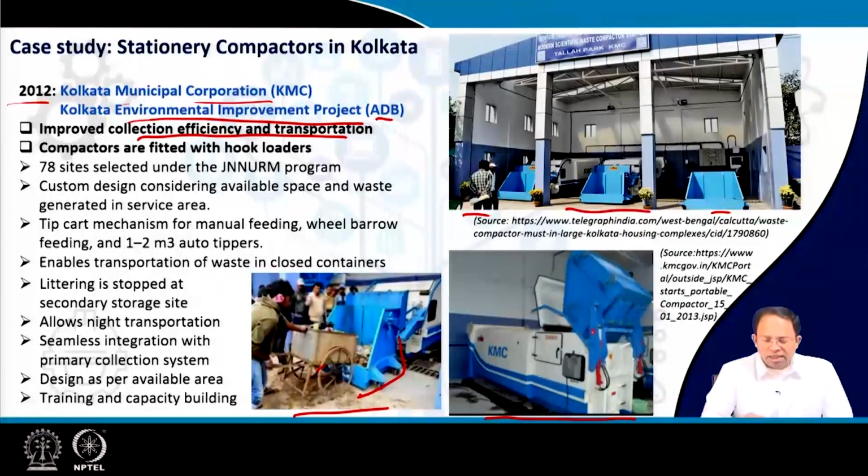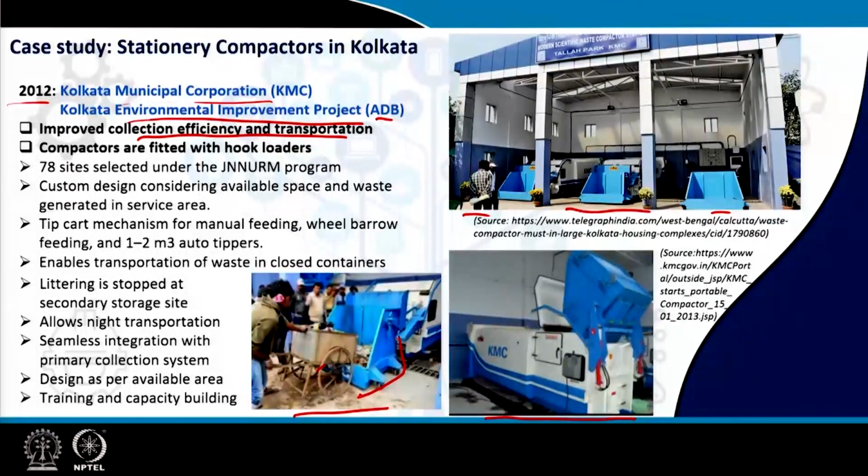And also, as you can see, there is seamless transfer of the primary waste that is collected via primary collection. It is seamlessly put inside this container, and then these compactors are transported via lorries and so on.